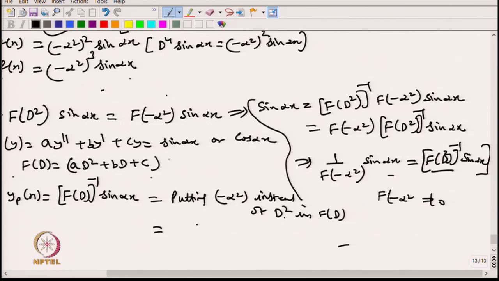So, whatever I will get after putting this one, I will get a function. That function will contain only the new function. I can say that g(D) inverse e raised to sin alpha x.